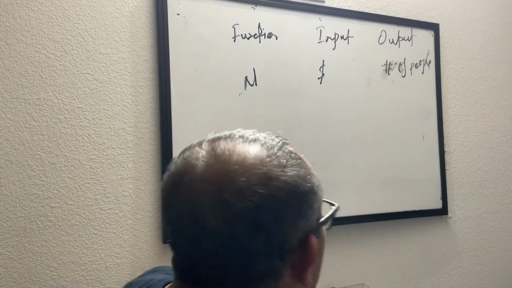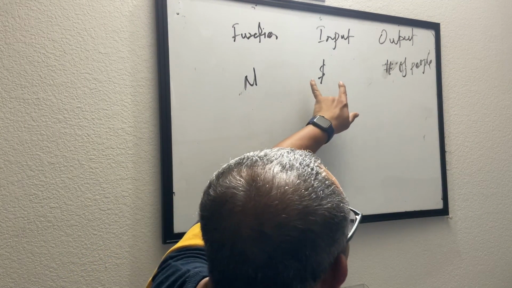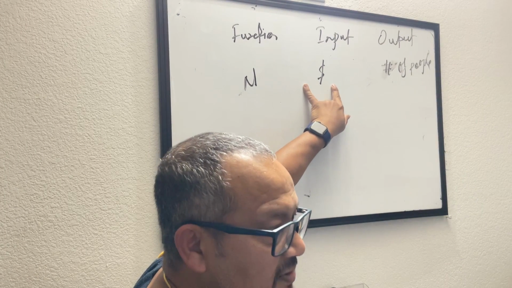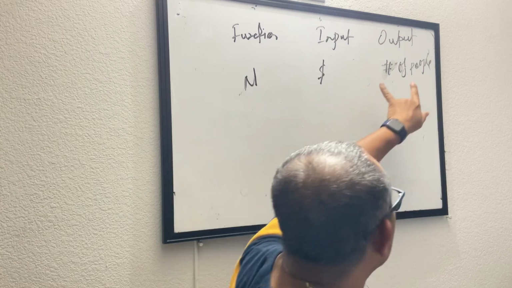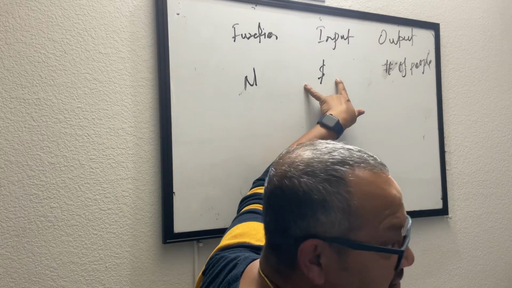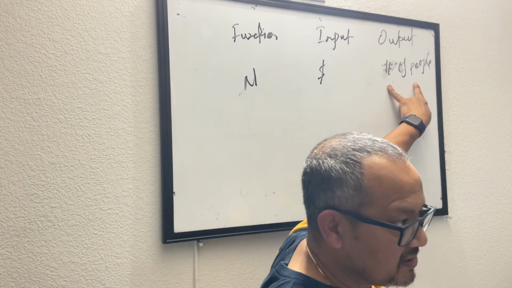So the first function is n, which receives as input the amount of dollars that he has saved for the party, and the output is how many people he can invite.